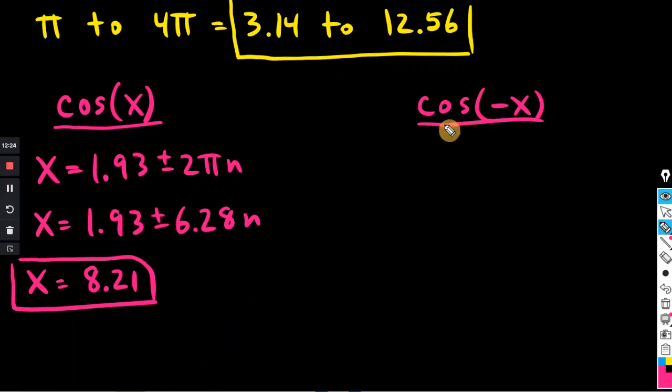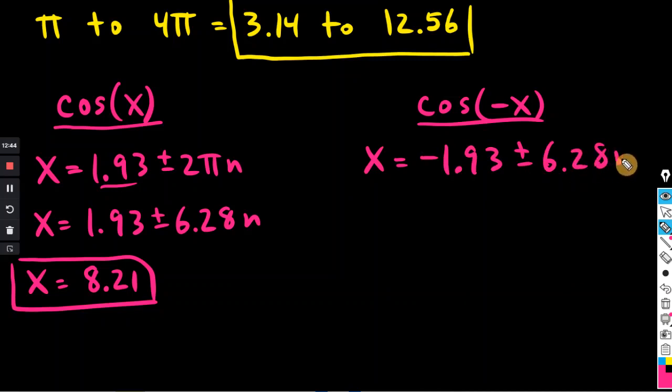All right, now for the cosine of negative x. The original x was 1.93. I'm going to take the negative of that, and it's going to be negative 1.93. Okay, and once again, plus minus multiples of 6.28. All right.